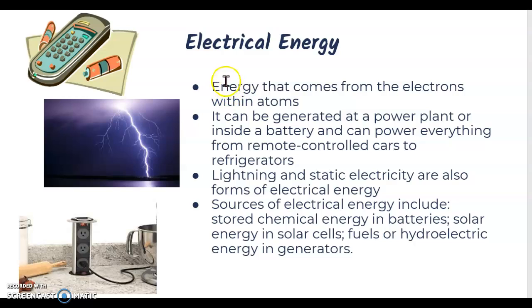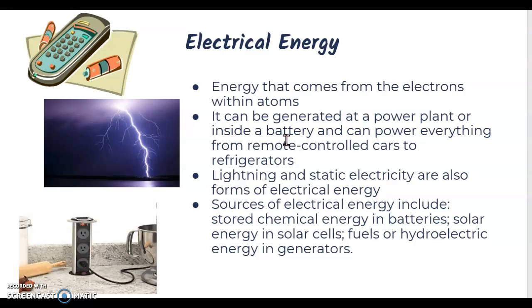Next, electrical energy. Electrical energy comes from electrons within atoms. It can be generated at a power plant or inside the battery and can power everything from remote-controlled cars to refrigerators. But remember, when you say inside the battery, the stored energy in the battery is chemical energy.